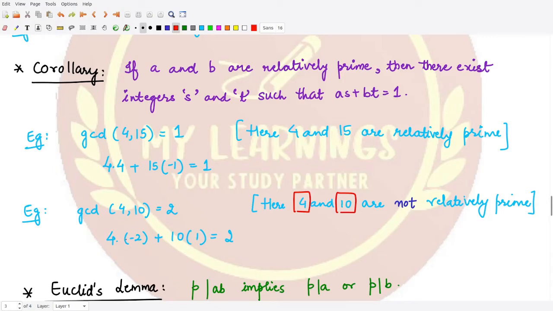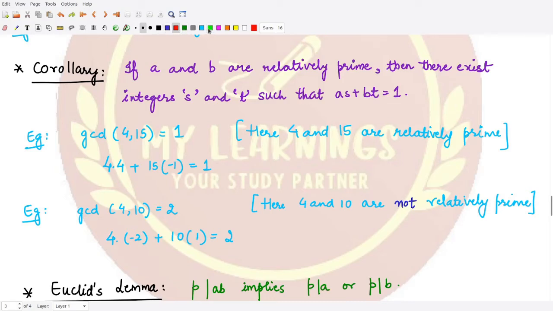Now according to the previous lemma, you are multiplying 4 with something plus 10 with something, so that you get the GCD of both of them, which is 2. So you multiply 4 by minus 2, that is minus 8, and 10 by 1, that is 10. When you add them, you obtain 2, right? So this is what you have as the corollary here.